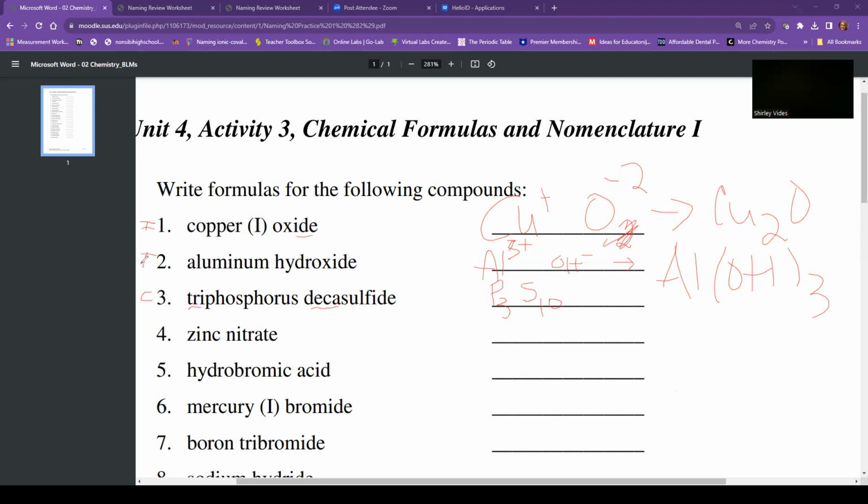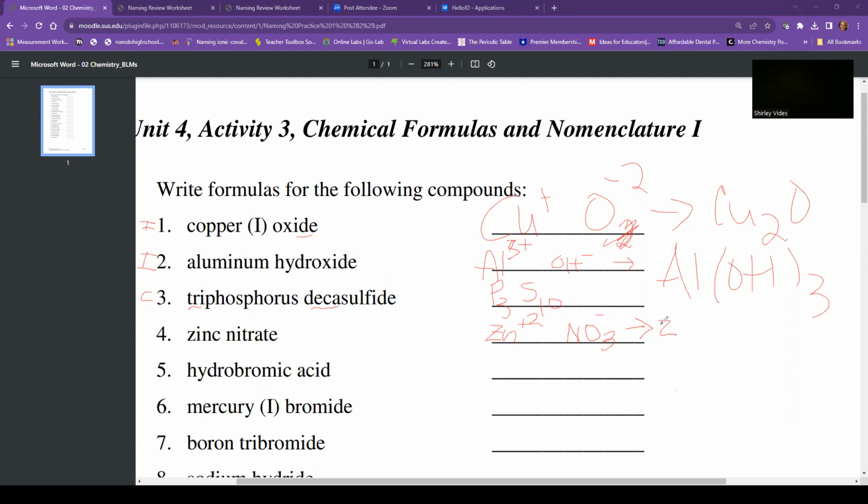All right. Zinc nitrate. Again, just write down your 2 things. You got your zinc, and zinc is +2. And nitrate, you got NO3 negative, right? So when you do your crisscrossing, the negative's up here, the 2 goes to the NO3 and the 1 goes to the zinc.